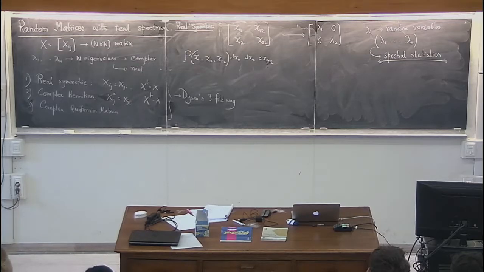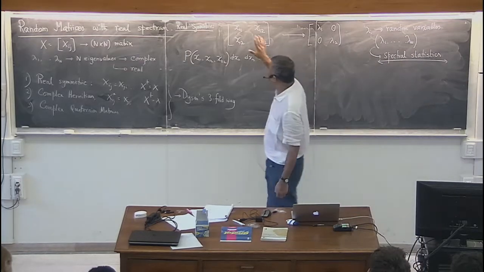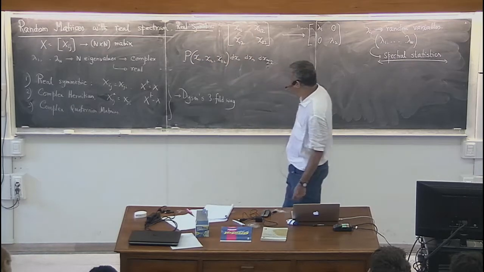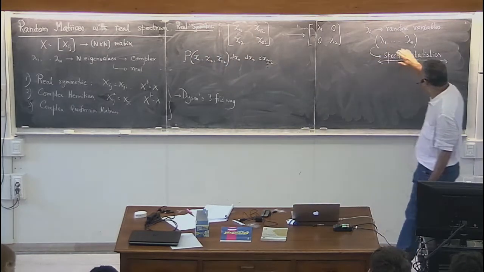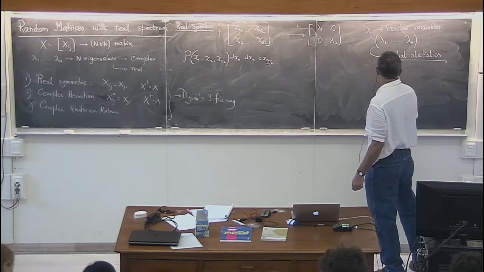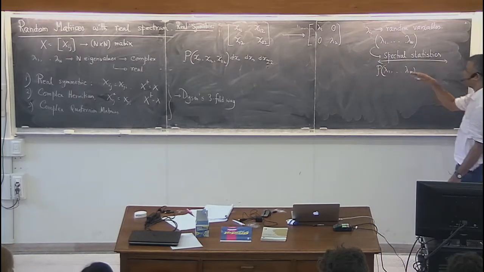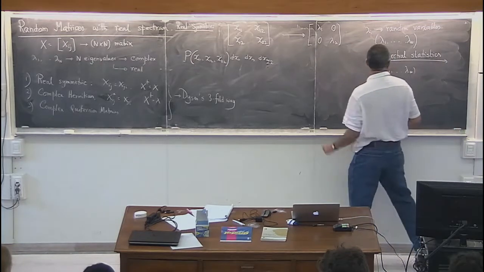Now, the main problem that you have is that, if I give you the joint distribution of the entries, you want to somehow calculate the joint distribution of the eigenvalues. I use the same P just as a probability, but it's not exactly the same P as this, okay?